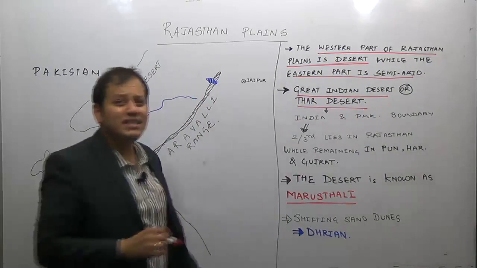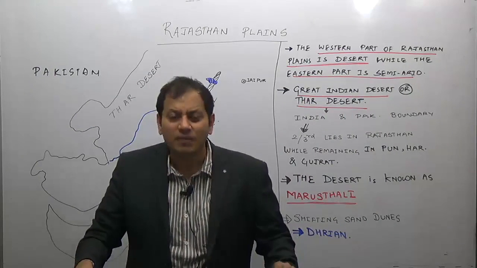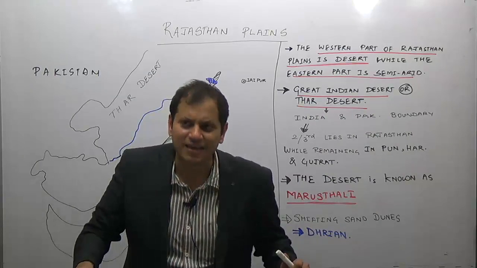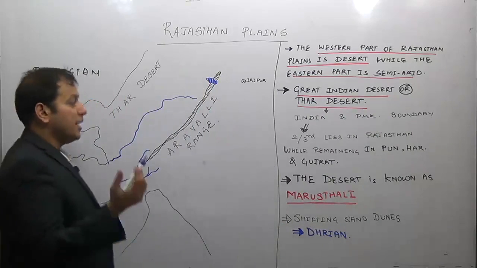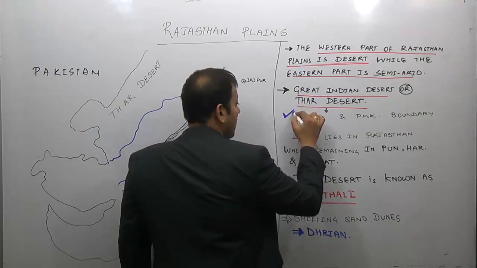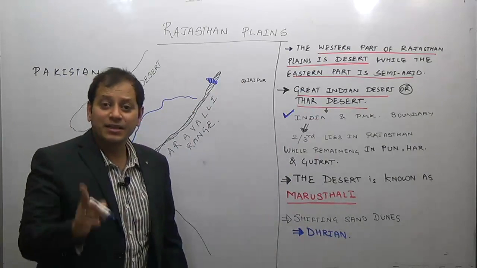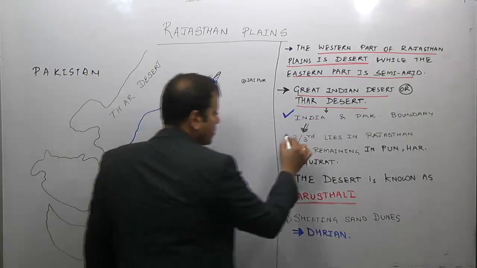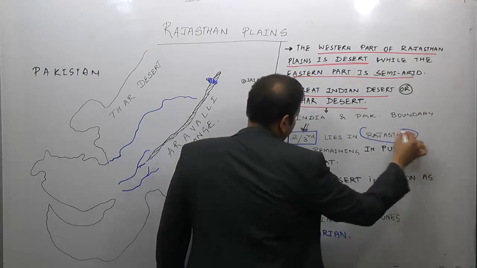It is the 17th largest desert in the world, which you don't have to remember from the exam point of view, that is the ranking. But yes, it is one of the biggest deserts in the world. It forms a boundary between India and Pakistan, where the major part of the desert lies in India. And even in India, the major part of the desert, that is 2/3 of the desert, lies in the state of Rajasthan.